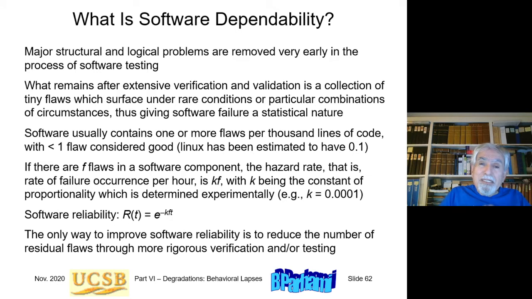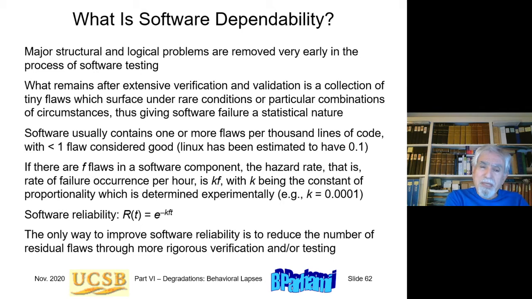Yeah, for many years in the early days of software development, the consensus was that no, we can't model software in the same way as hardware. In other words, we can't say that we have this exponential reliability for software. Nowadays, the consensus is that we can have this reliability model.